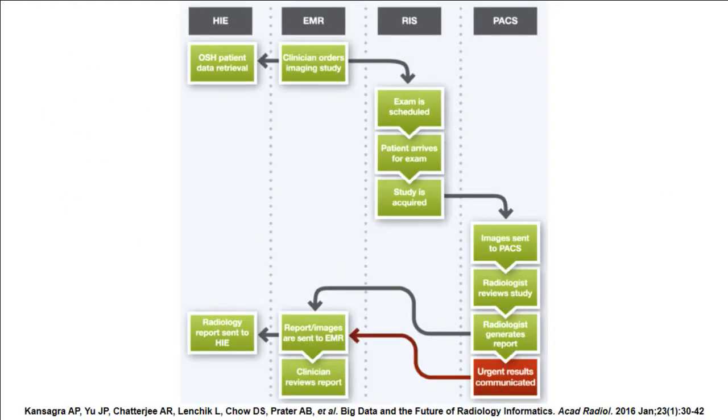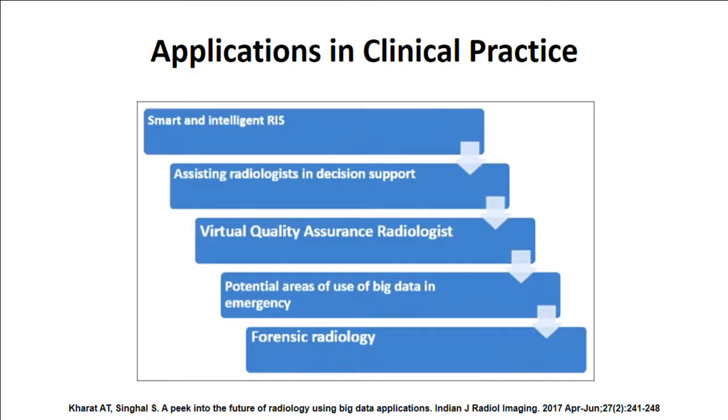And in this schema here, we can see that there are a lot of different sources of data, from health information exchanges to the electronic medical record to the radiology information system to PACS, etc. And then big data at all of these points can be helping us. We can be data mining, we can be getting more information, and then better integrating these systems, and also assessing these systems and looking at more meaningful metrics.